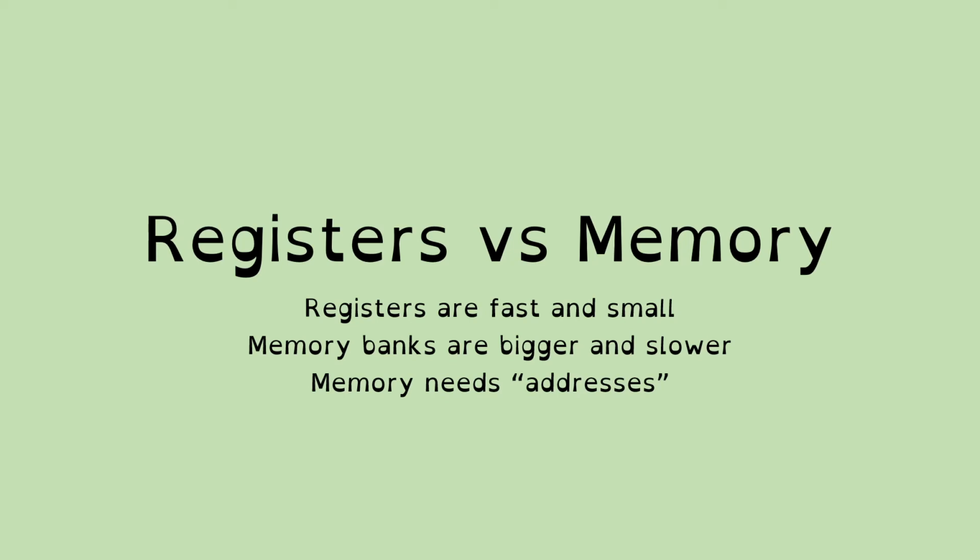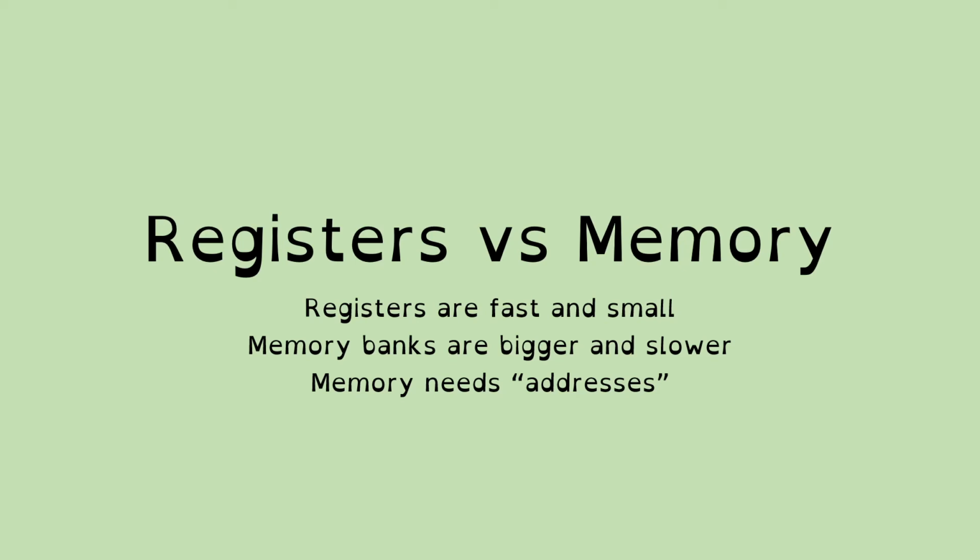Memory needs addresses, so because there's a lot more of it, when you're accessing the memory from the CPU, you need to know which precise element inside the memory bank you're accessing. And so, as well as the data that's stored in a memory bank, there's also this concept of an address, which again is a binary number.